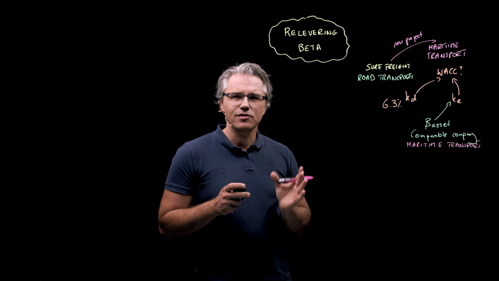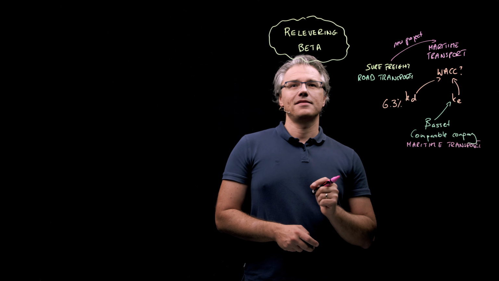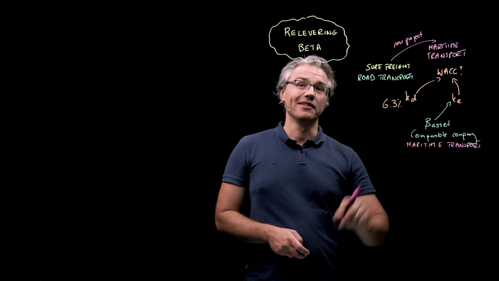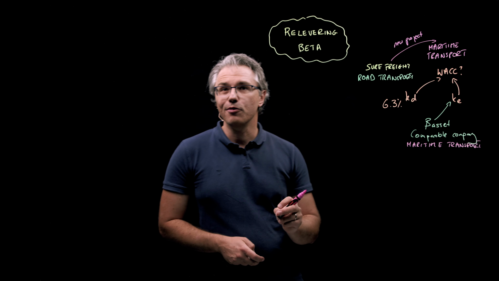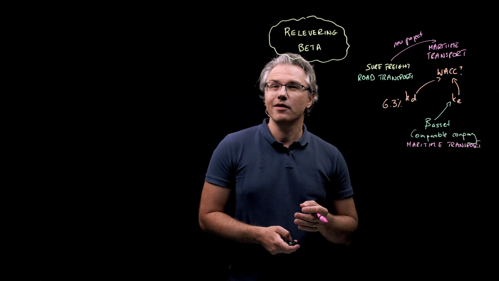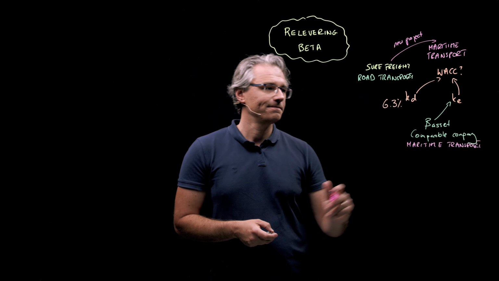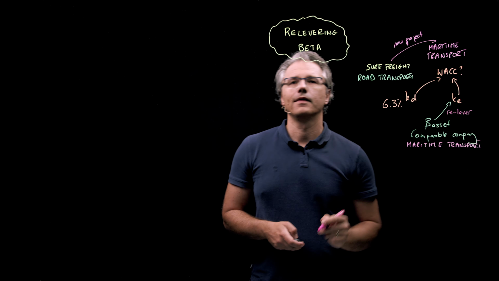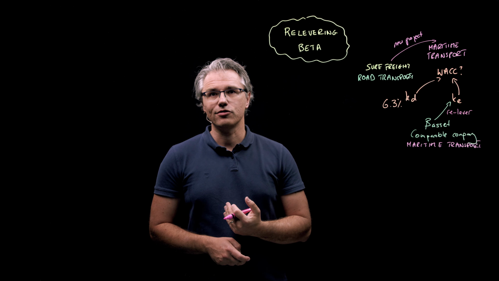However, as you will hopefully recall from the previous video, the asset beta, this one, is not the same as equity beta, as it assumes no debt. It's unlevered. So we must first relever the asset beta so that it properly reflects Sure Freight's capital structure.